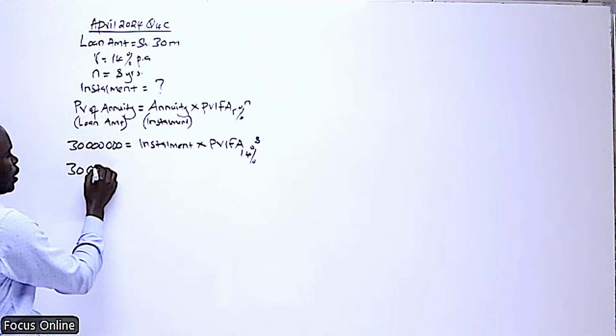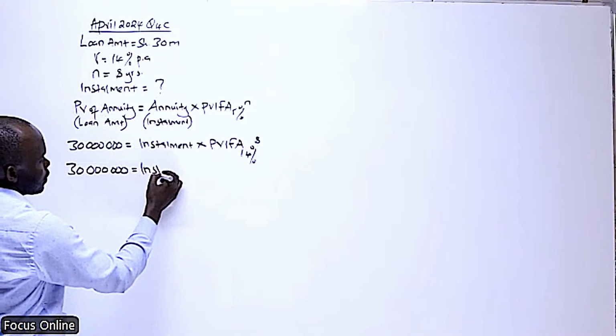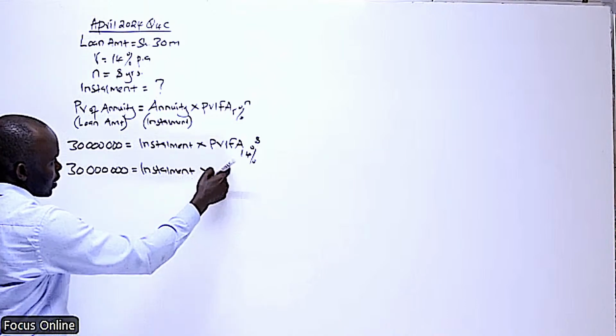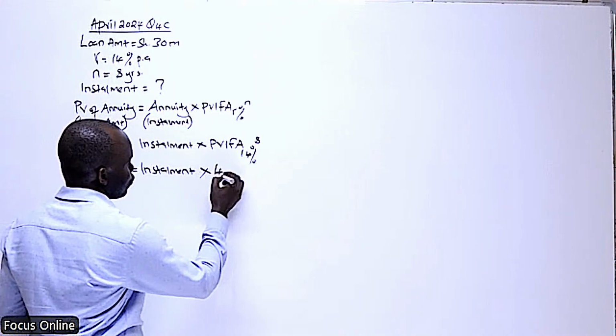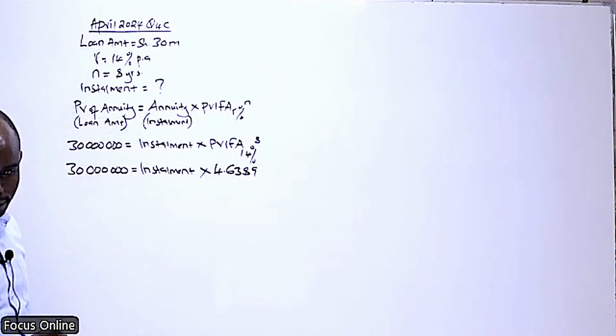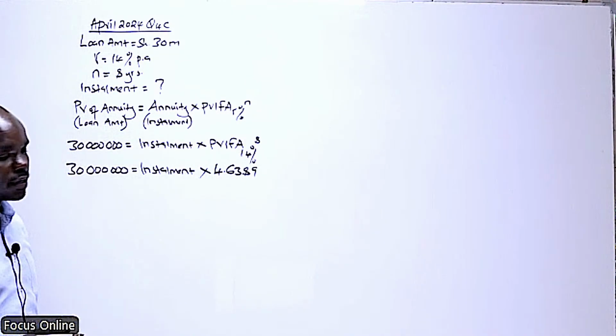But before that, 30 million is equal to installment times, read this factor from the tables. 14% at period 8 is how much? 4.6389. 4.6389 is the factor, 14% at period 8.